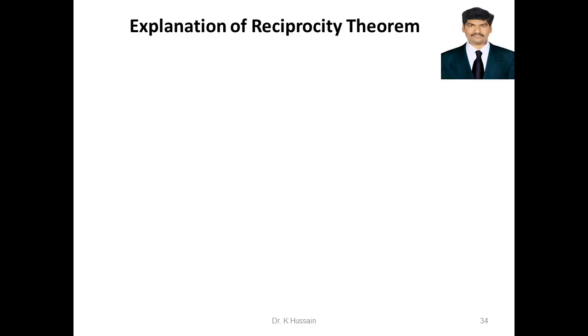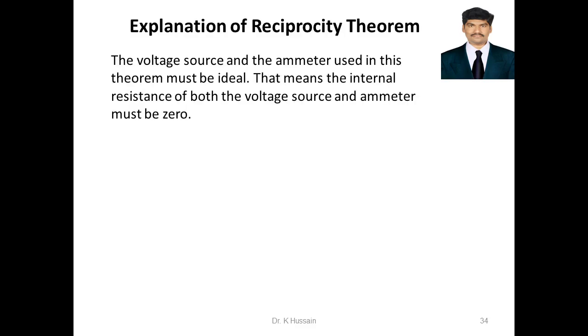So this is the explanation of the reciprocity theorem. You see here a voltage source and a meter. One is a voltage source, another is a current measuring device, generally called an ammeter. An ammeter is used for measuring current. Both the sources used in this theorem must be ideal.